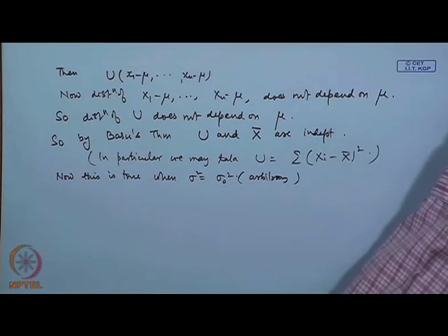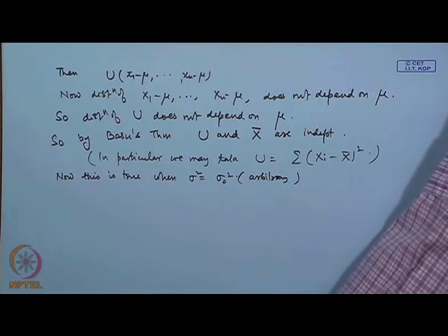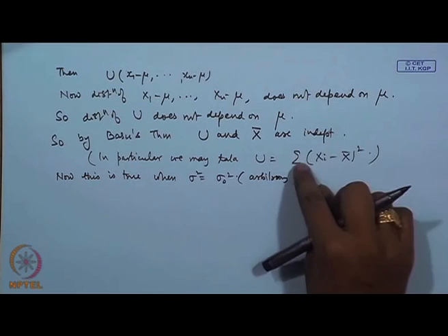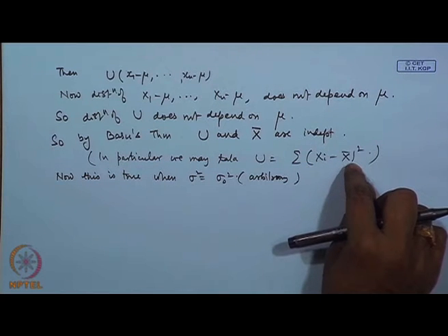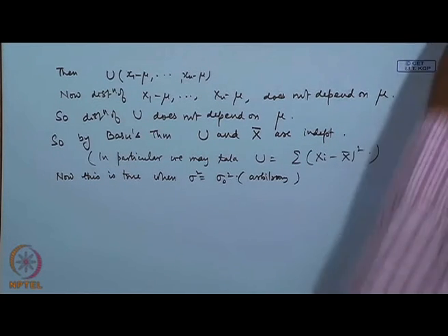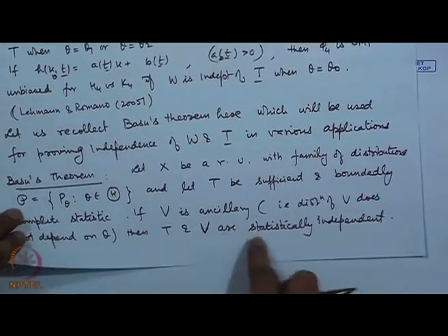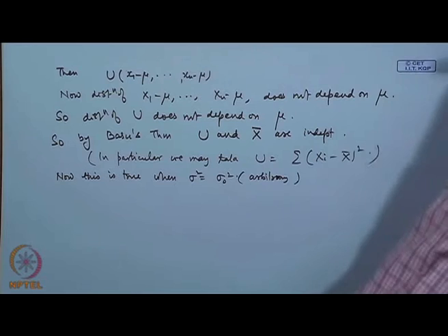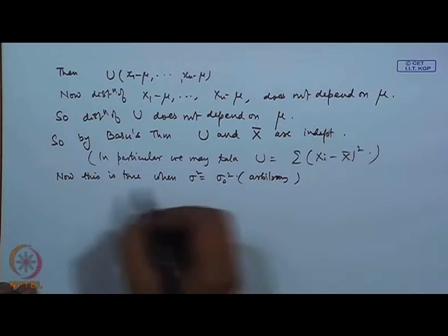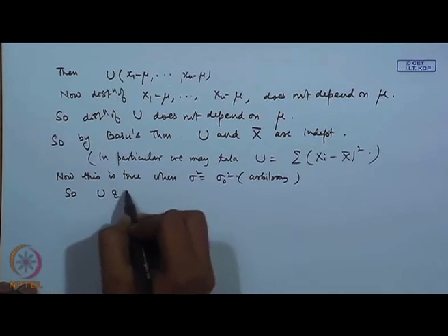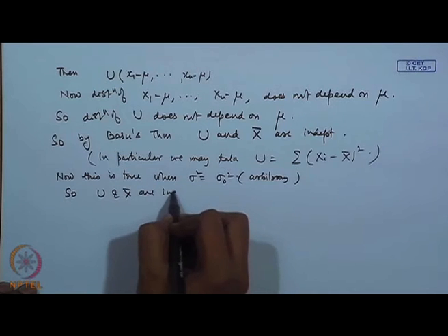So, if we look at this result here, the distribution of sigma x i minus x bar whole square does not depend upon mu. I am sorry, this is an application of Basu's theorem here. V is ancillary here. So, this follows from here. So, u and x bar are independent.